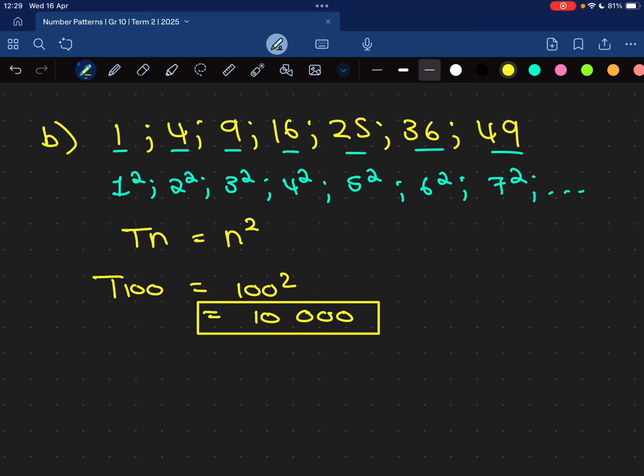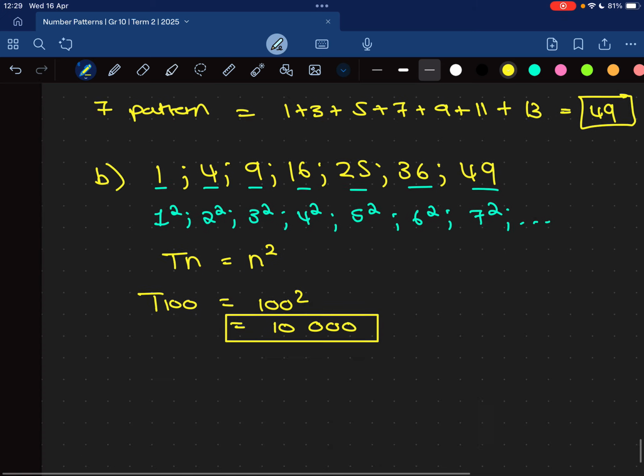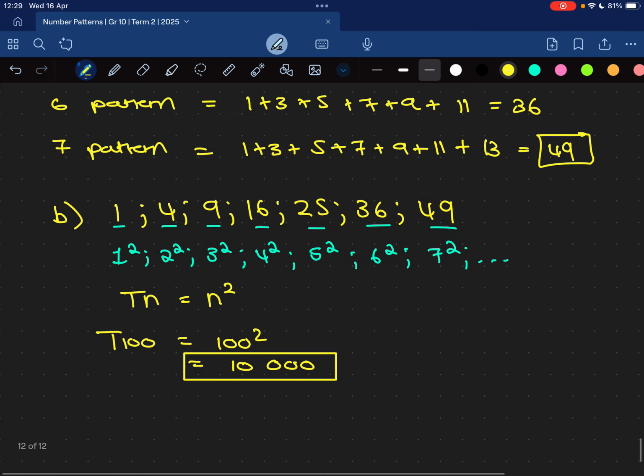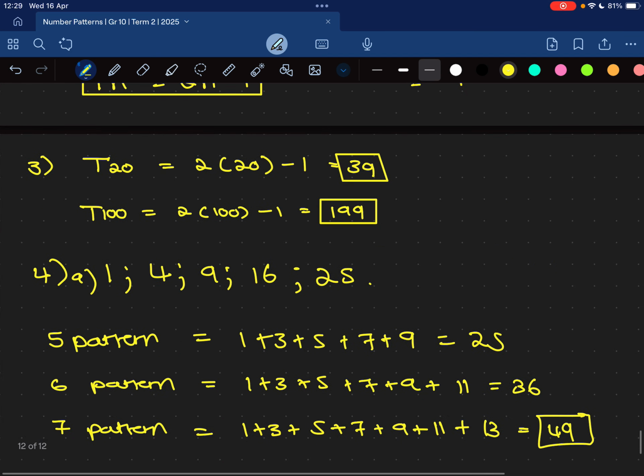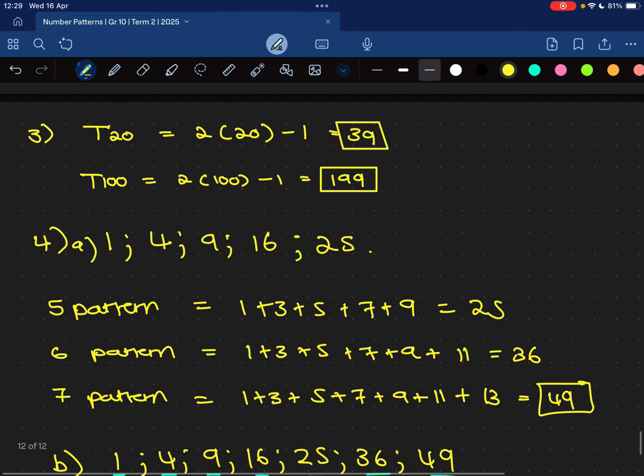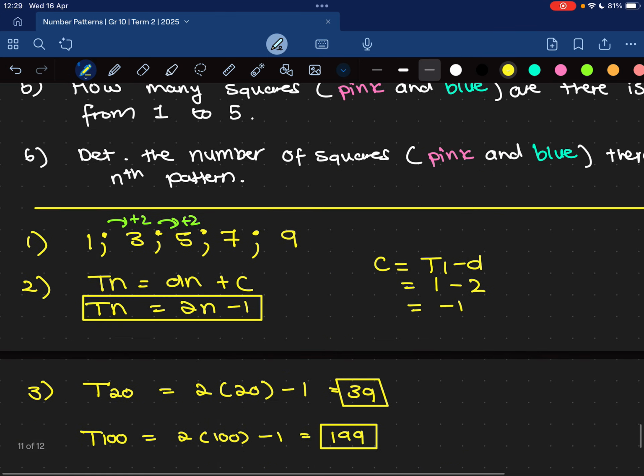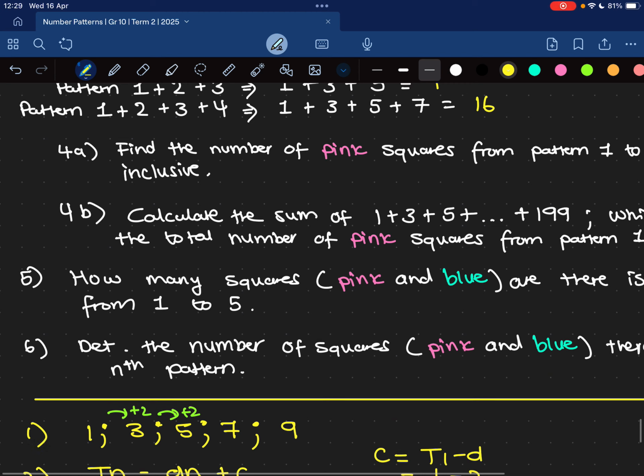So there are 10,000 pink squares from pattern 1 to pattern 100 inclusive, meaning that if you add all of the squares together, you'll get 10,000. Okay, so this is just a unique number pattern that we find. Remember, like I said, it's application based now. So now we start exposing ourselves to the special kinds of number patterns.